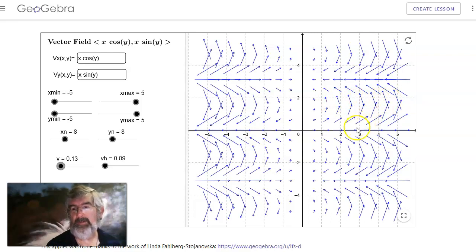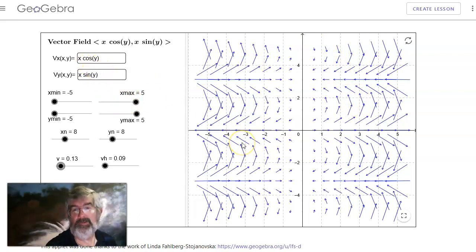Likewise, if I pick just a particular value of x here and change y, I see a vector that's horizontal, pointing in the positive x direction, and it's tipped up a little bit, and it's tipped up more, and then it's tipped up more, and tipped back, and now it's pointed in the opposite direction, and then rotates around. That is, as I move in the y direction, my vectors seem to be just rotating. Well, y is playing the role of theta.